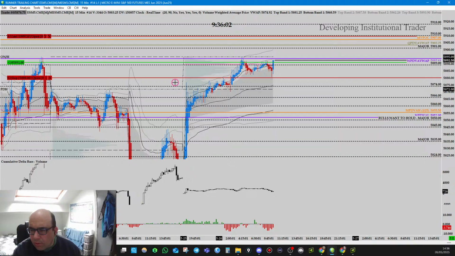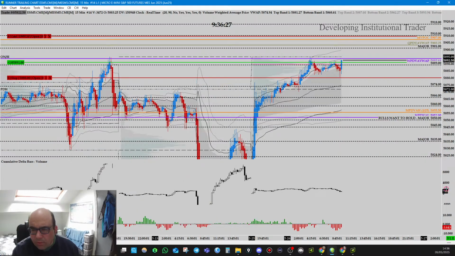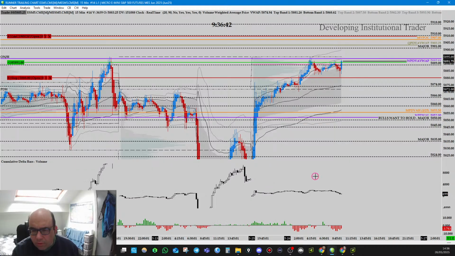Okay, we're going to keep it like this. So there is the previous weekly VWAP right there.